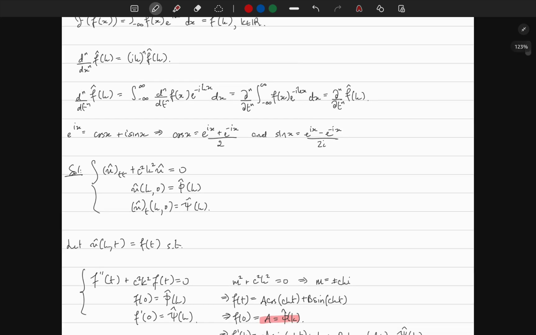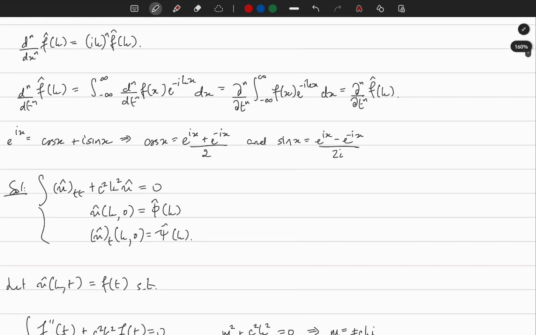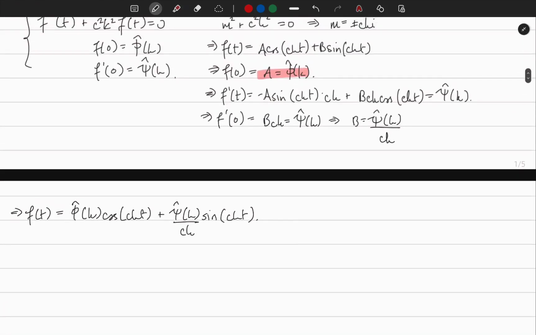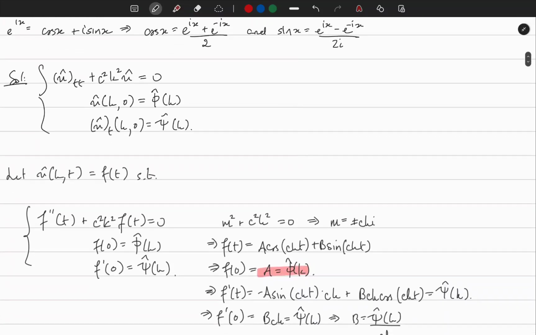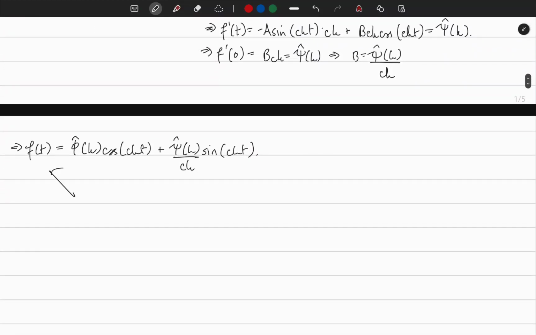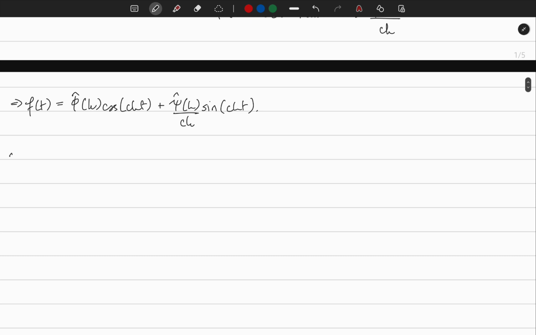But in order to get the solution of our original problem star, we would have to take the inverse transform of f of t, such that u of x, t will be the inverse transform. So the inverse transform is 1 over 2 pi integral going over the reals of u hat of k, t, e to the ikx dk.